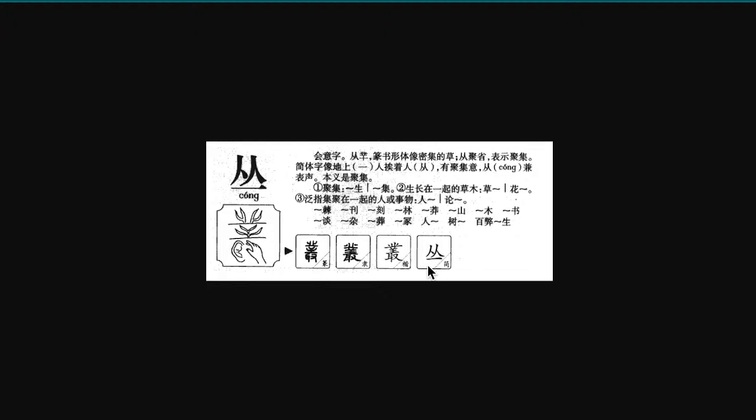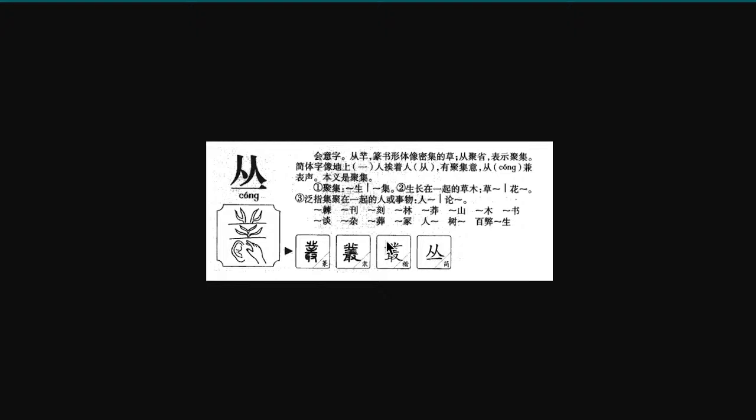basically use the 从 as a sound, and then 从 because 从 has two persons together, and then at the bottom one stroke, right, to mean a place. So basically people gathering in one place called 从. So basically for the simpler version they built a new character, using the principle of how Chinese characters are built.